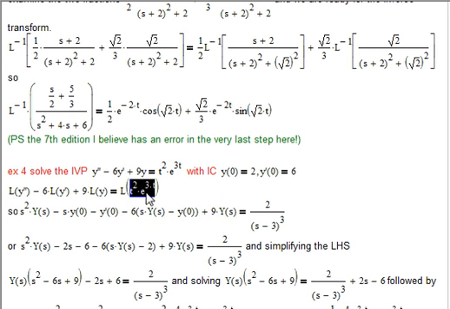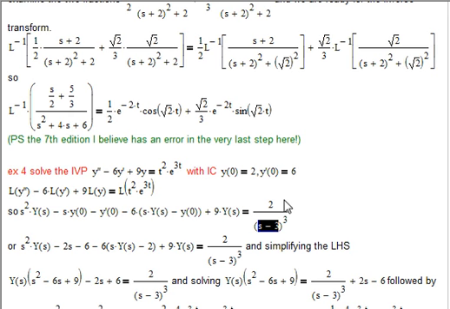And now what about the transform of t squared e to the 3t? Well, the transform of t squared would be 2 factorial divided by s cubed. But this is displaced by this 3, so it's going to be 2 divided by s minus 3 cubed.